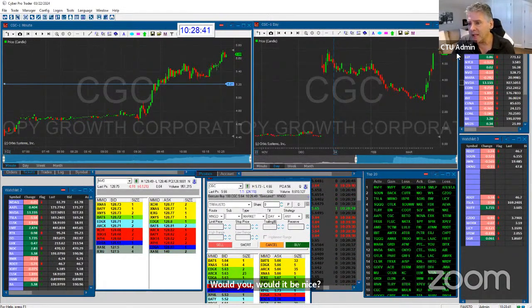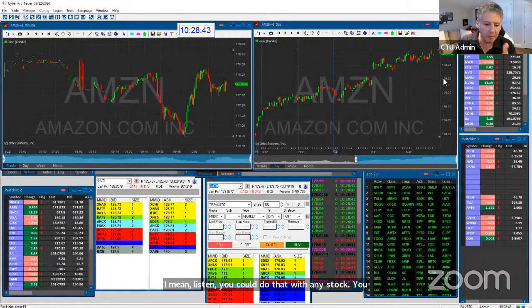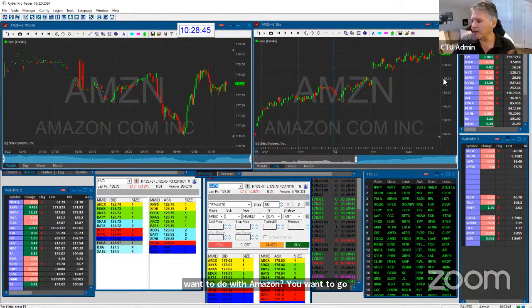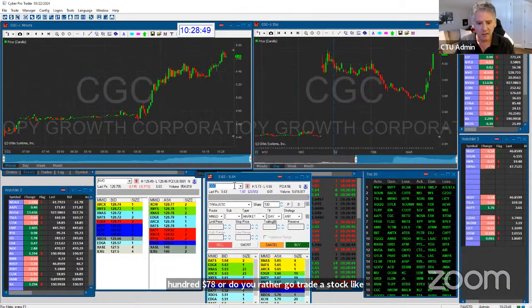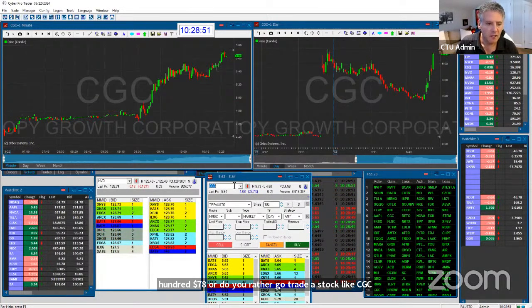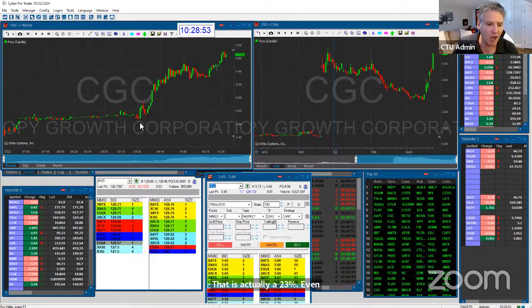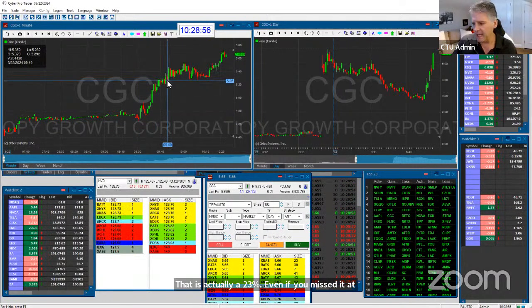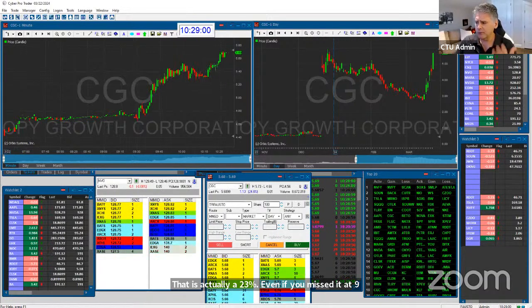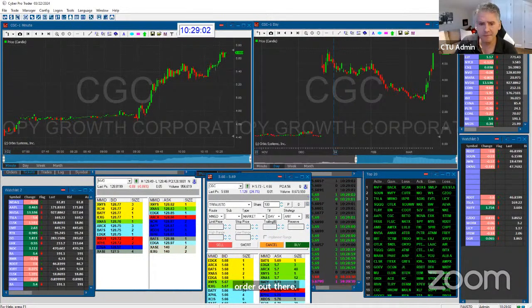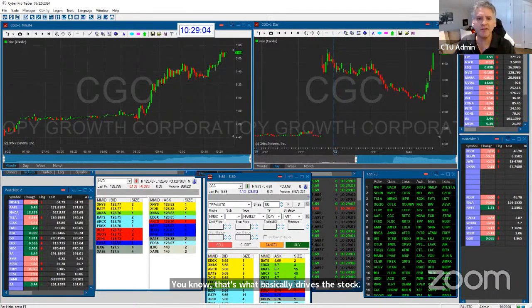You want to do it with Amazon? You want to go risk and pay $178? Or would you rather go trade a stock like CGC that is actually up 23%, even if you missed it at 9 o'clock this morning, and then you waited and saw this order out there? You know, that's what basically drives the stock. All right. That's what drives the stock.